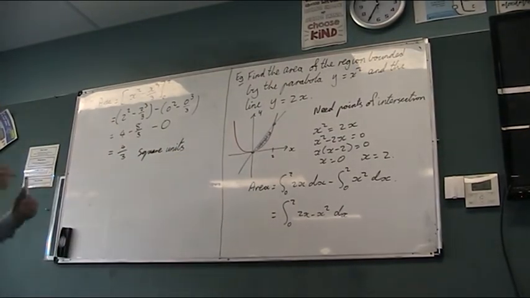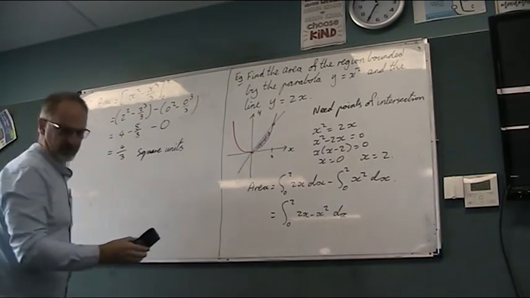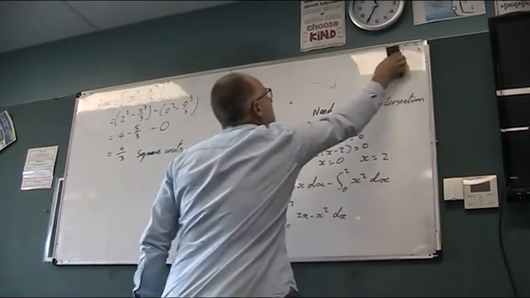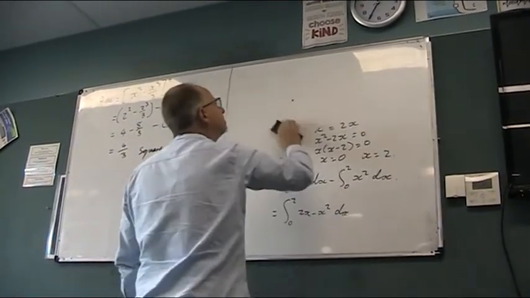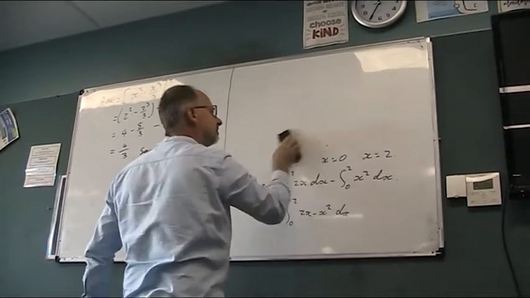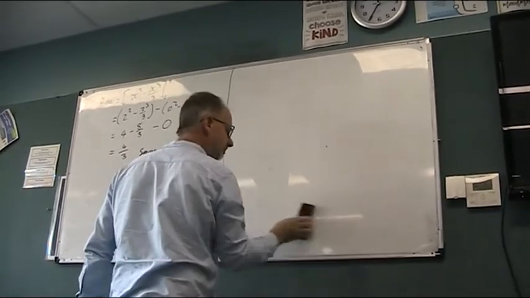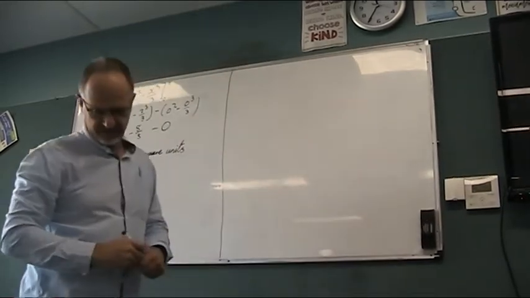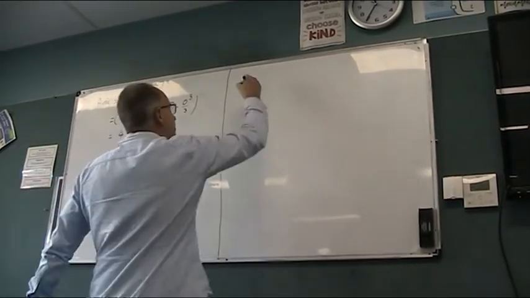So when we have that case, we need to split into bits. Let's have a look at an example where we need to split into bits. Find the area of the shaded region.